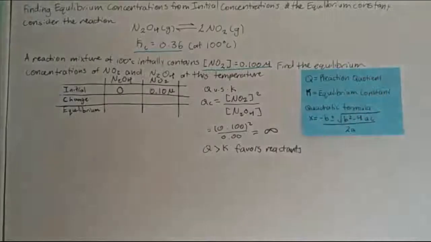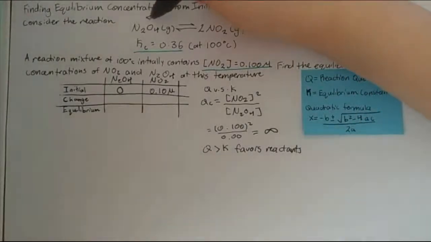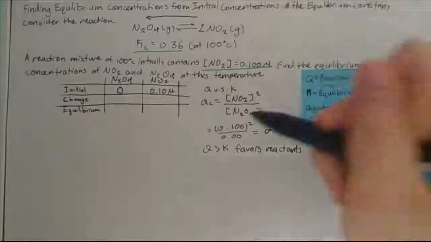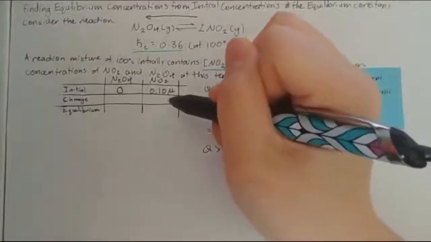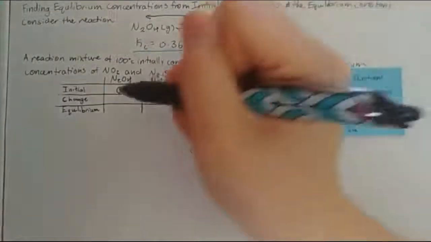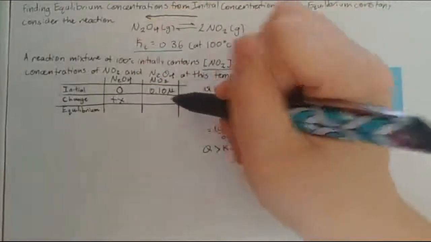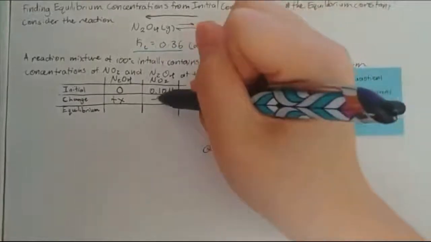When a reaction favors the reactants, it's going to go towards the left. So we will be making more N2O4 while we are using the NO2. Therefore, our change for N2O4 is plus X, and for NO2 is minus 2X.